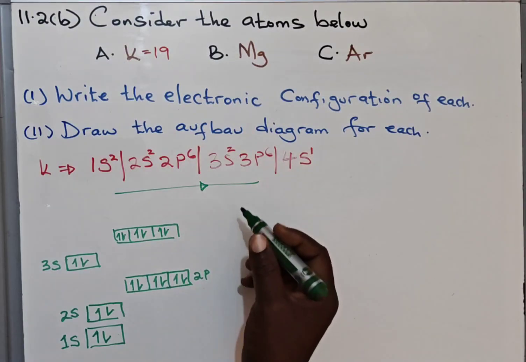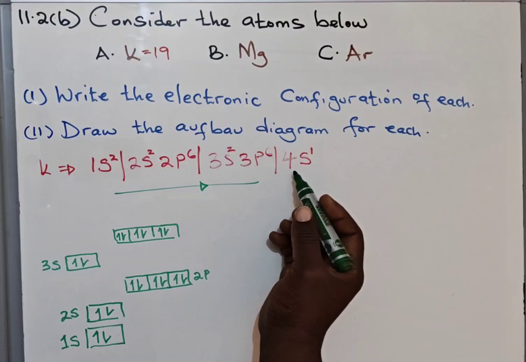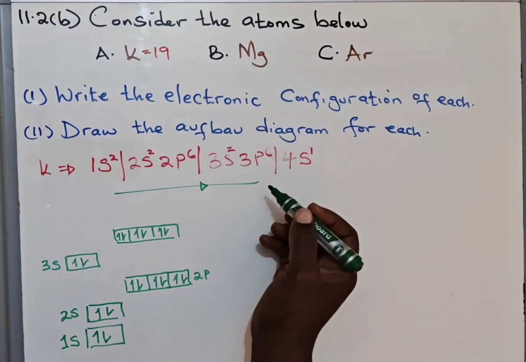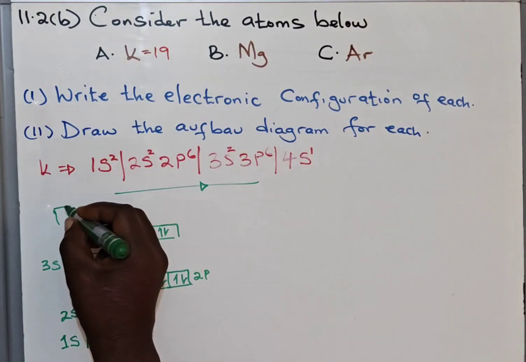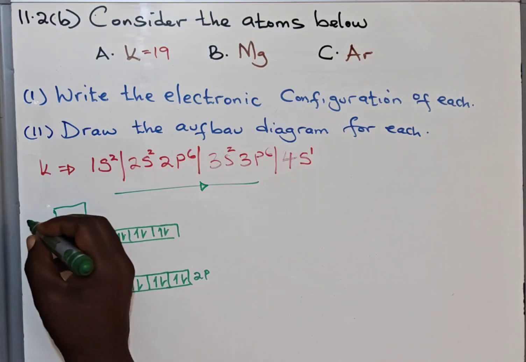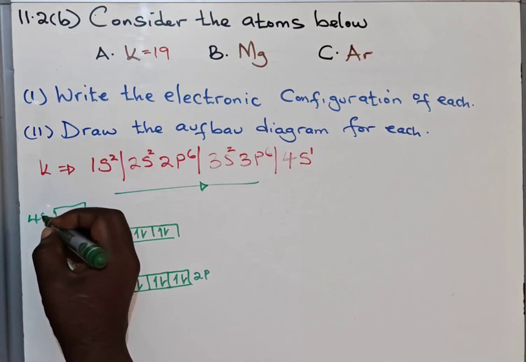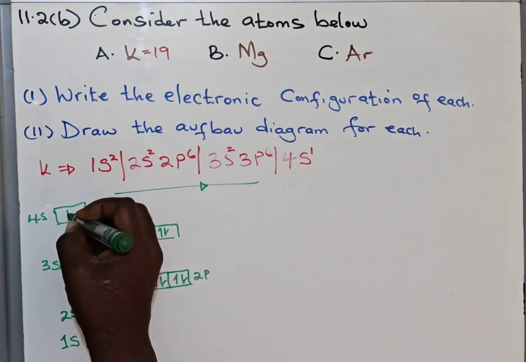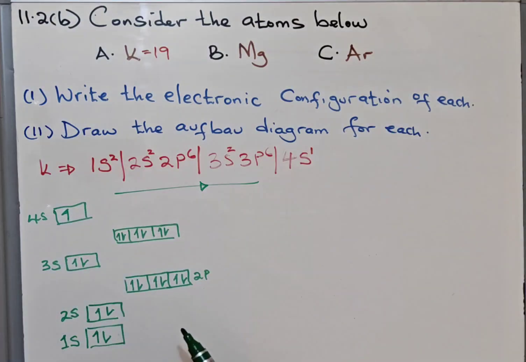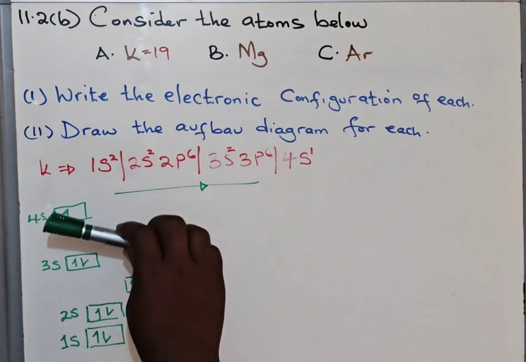Lastly, we go to the 4th energy level, 4s, which has only 1 electron. So what you observe here is the Aufbau diagram for potassium.